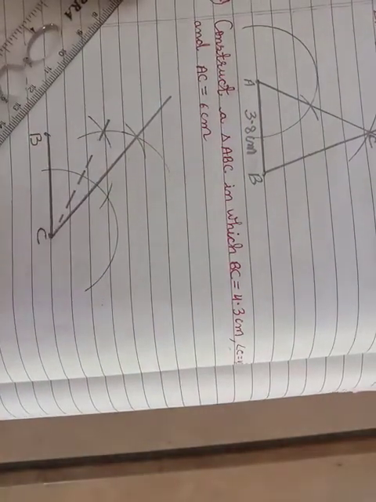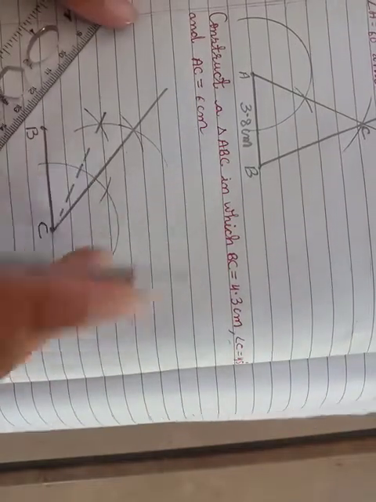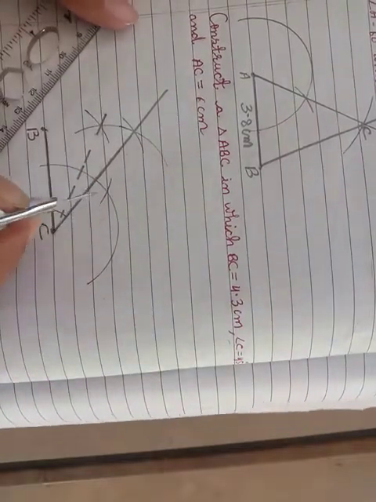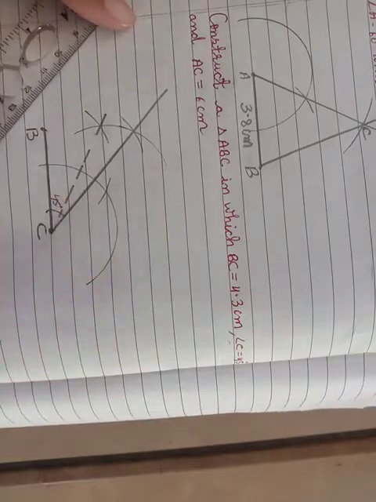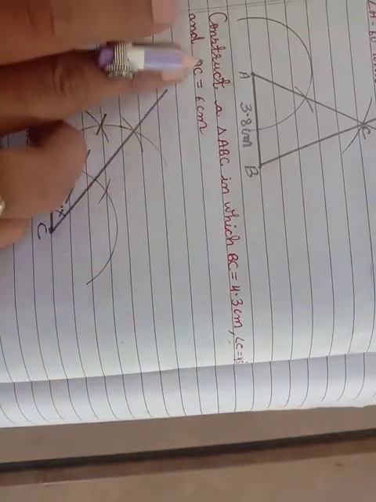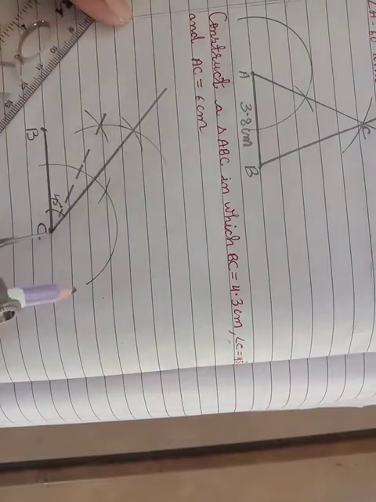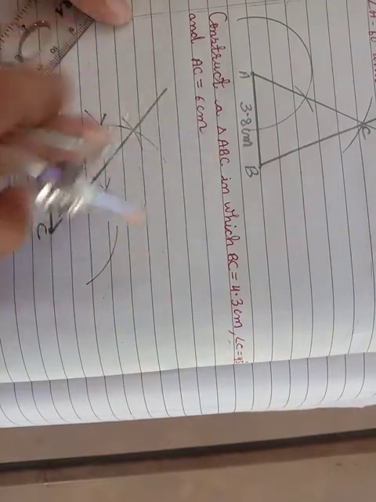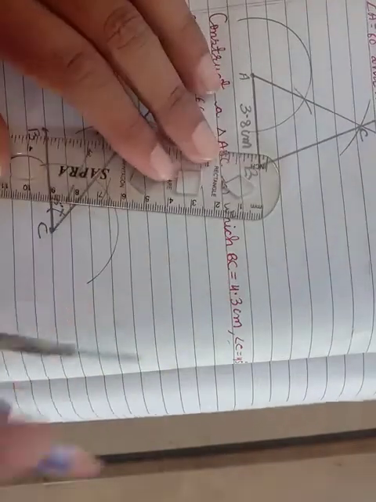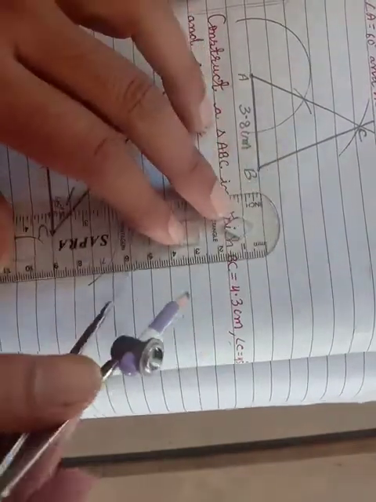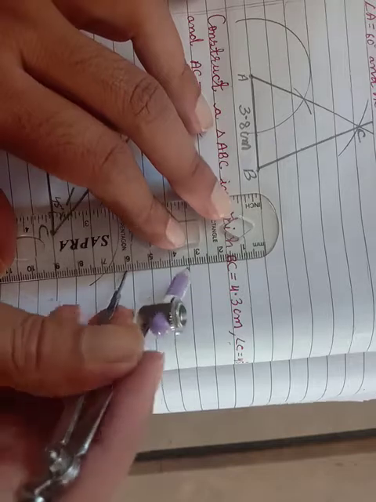Okay students, now this angle is of 45 degree and then what is given, AC is equal to 6 centimeters. So C is here. On this arc there will be point A at a distance of 6 centimeters. So we measure an arc of 6 centimeters from here. Let's see, in front of you I will measure.